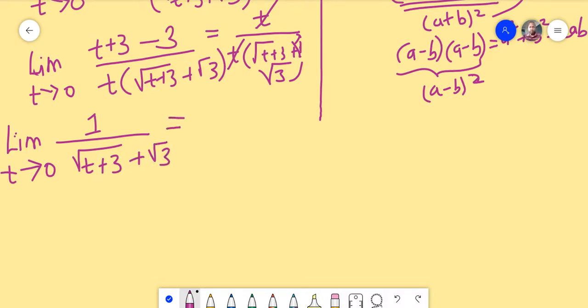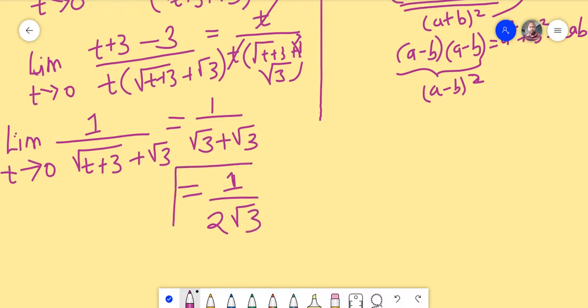When you substitute 0 where there is a t, you have 1 over root 3 plus root 3, and this can be written as 1 over 2 root 3. So this is our solution based on rationalization.